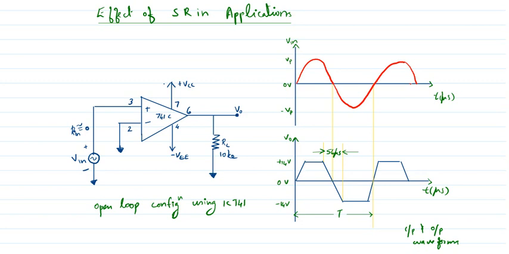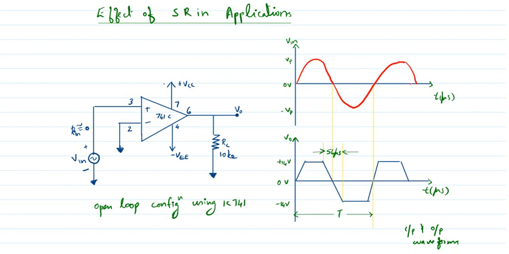Thus, to have a more square wave output, we have to keep the input frequency below f max or choose an op-amp with a faster slew rate.